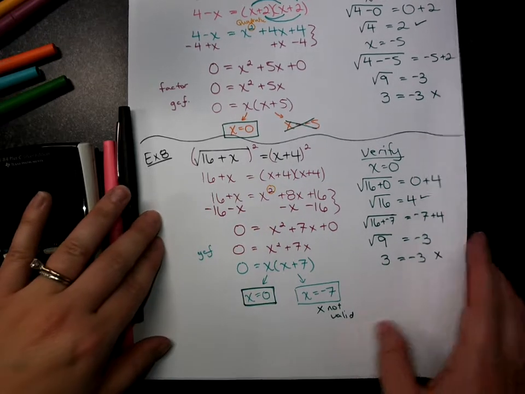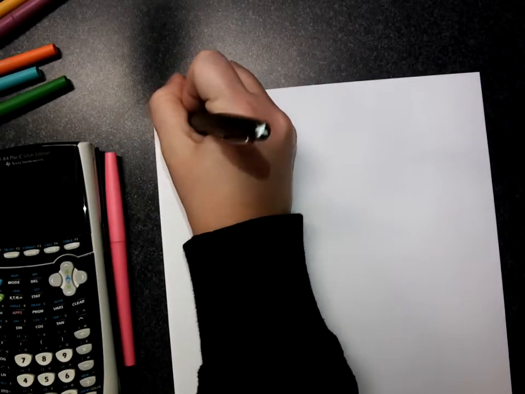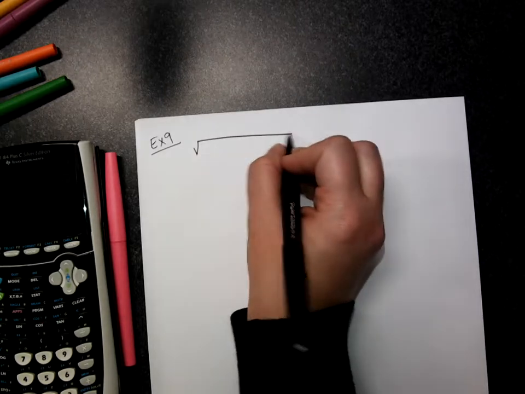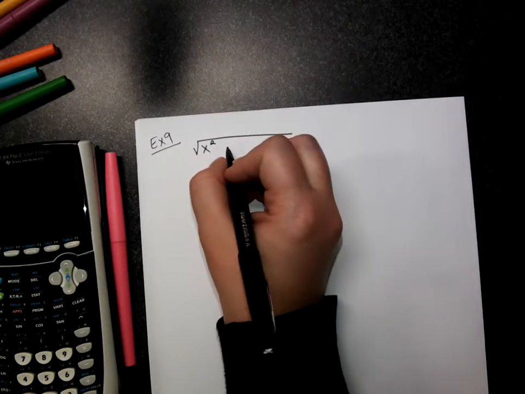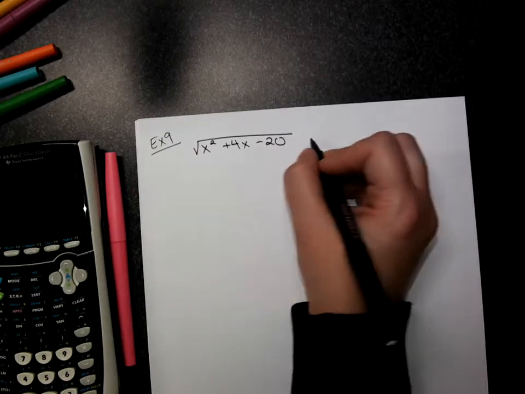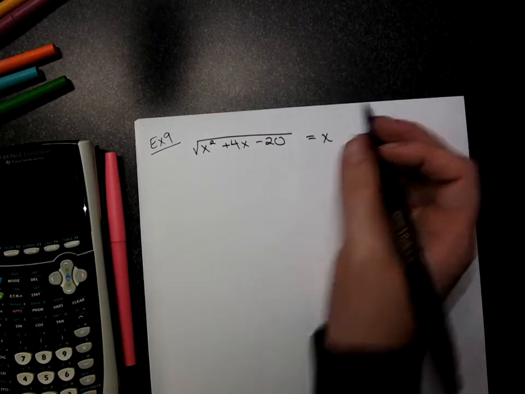Alright, let's look at two more. Example 9. We have the square root of x squared plus 4x minus 20 equals x.